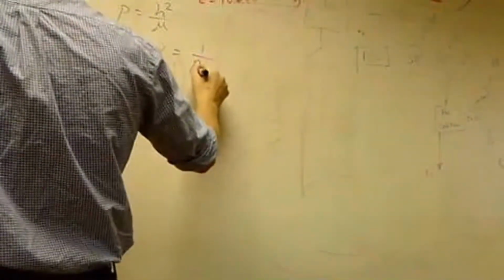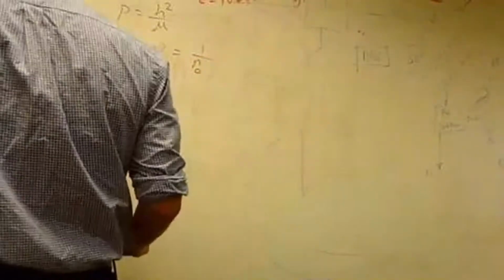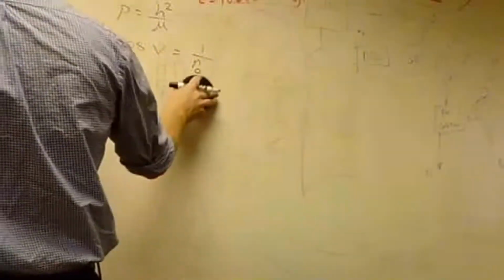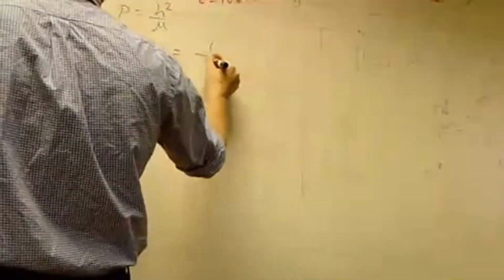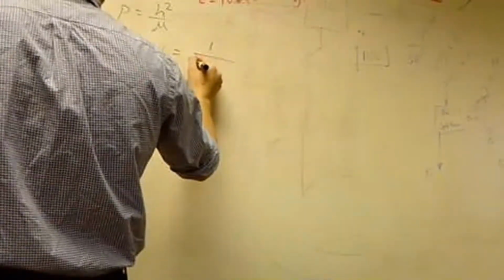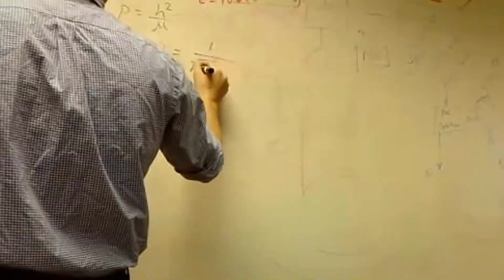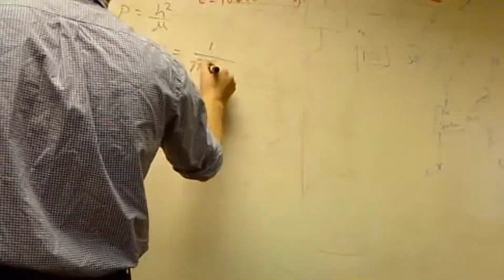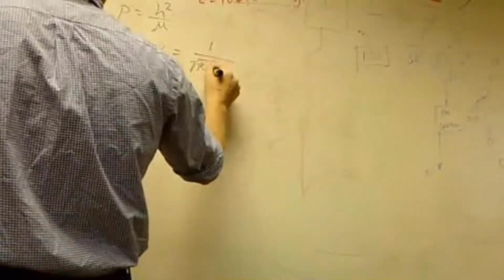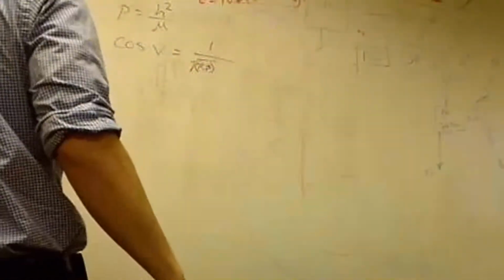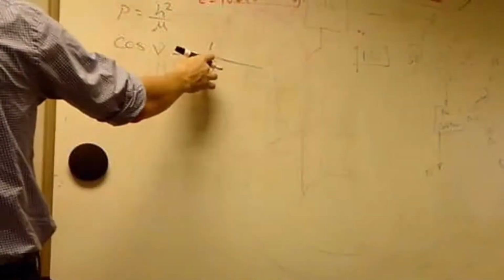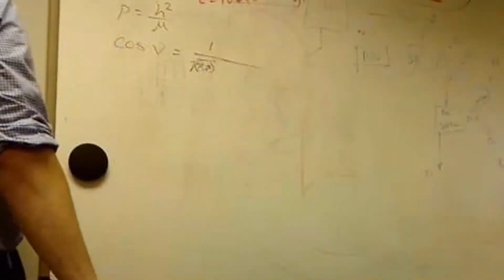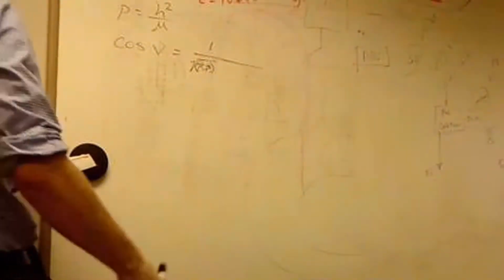1 over, so that's our initial position. So that would be here. Let's just do it this way. A little more complicated, but there we go. Sound good? Because all that's going to be is the magnitude of the vector squared, and then if we take the square root of it, then it's just our initial vector anyways.